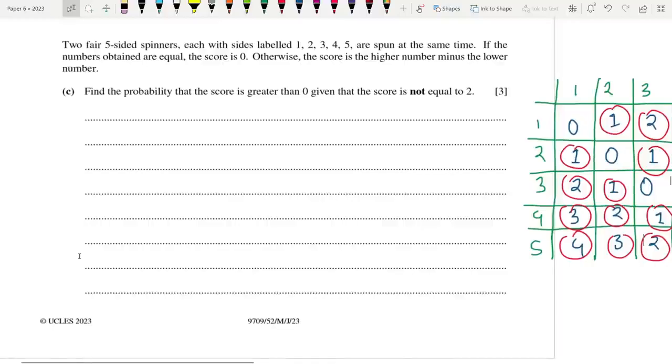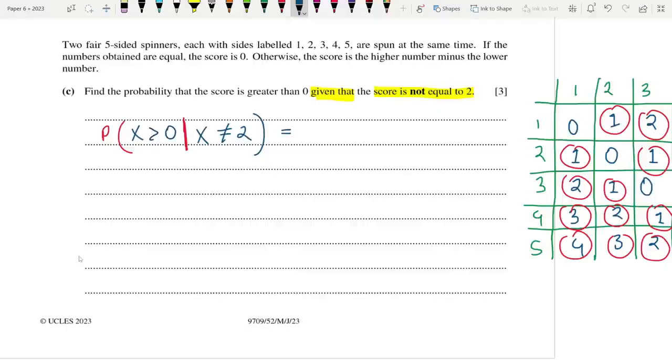So we need to learn how to write it first. That's our first step. So the probability is, firstly, remember that the condition is given at the end. What is the condition? How to figure it out? Look for these words: given that the score is not equal to 2, this is the condition. So x cannot be equal to 2, but x has to be greater than 0.